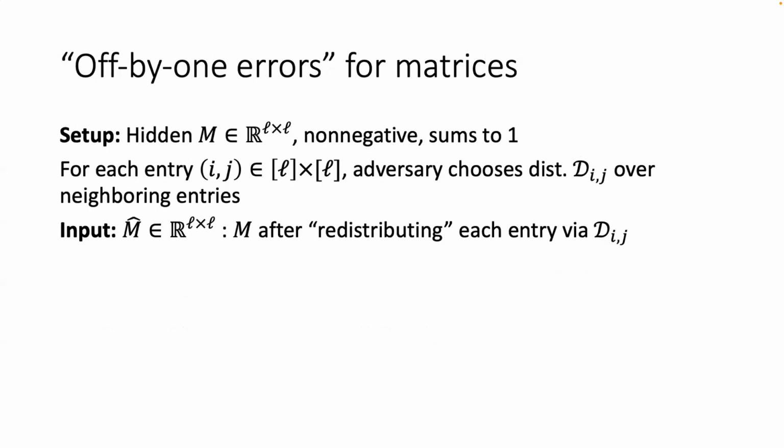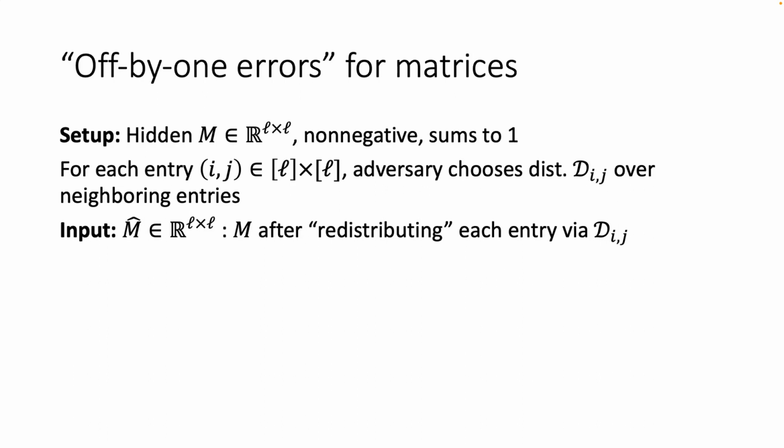Just to show you a picture of what happens, you could think of this as a generic classical problem, which is not related to the estimation stuff I was talking about at all. Say there's some matrix that I don't know, and an adversary gets to take that matrix and redistribute each of the entries over neighboring entries of the matrix.